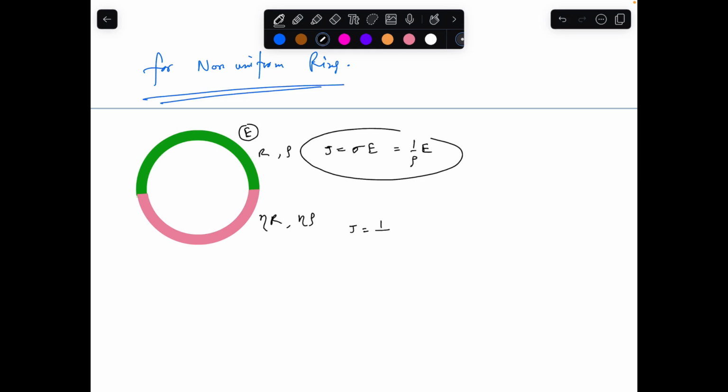J equals sigma, which is 1 by eta times rho, into E. Correct.